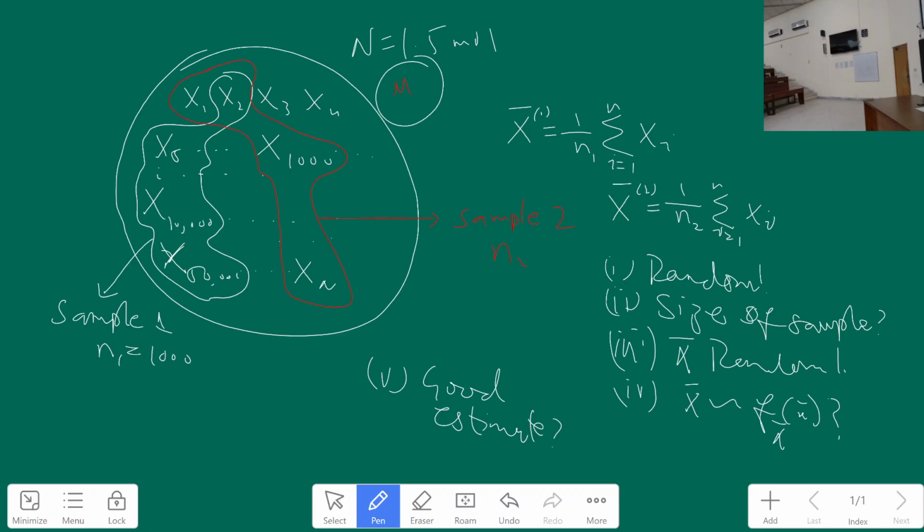The only thing you need to be sure of is that this sample is selected randomly, so all xi's are independent of each other. They are not people from one family, okay? So that is the idea.